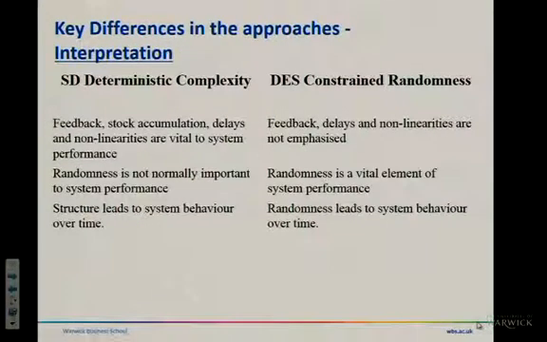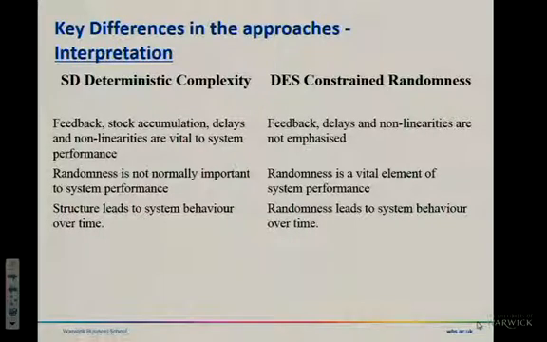In terms of interpretation, what you learn out of the simulation, in discrete event simulation, feedback, delays and nonlinearities are not emphasized. You don't emphasize the feedback. You don't assume that being a client in a queue will imply that he will not come back to the business. That's a feedback process that you don't think about.